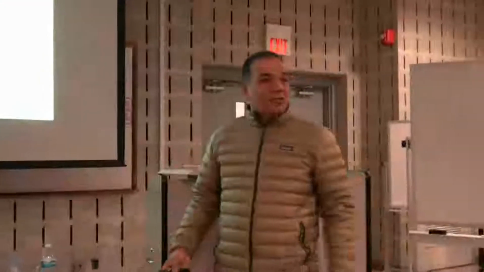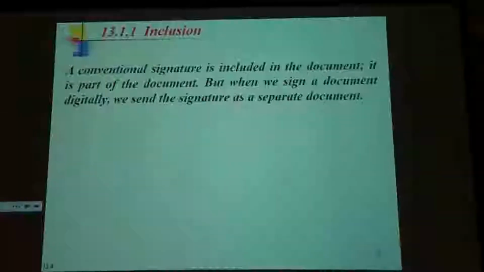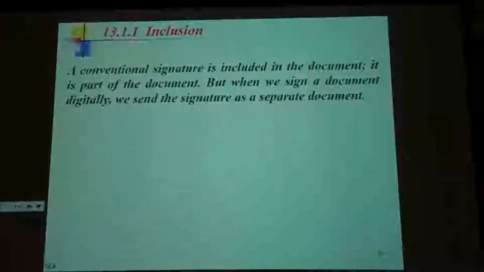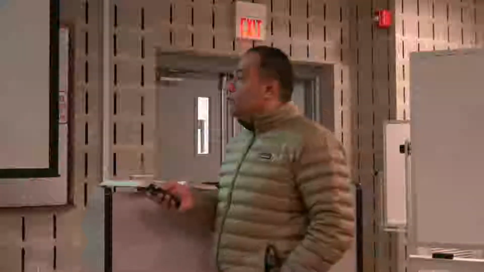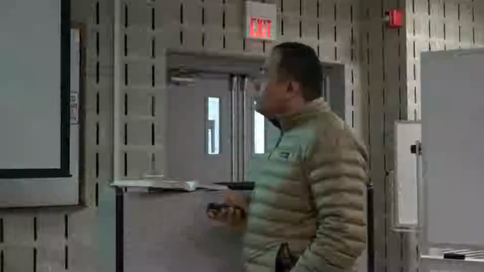You cannot have signature and document separated. But when we sign a document digitally, we send the signature as a separate document. So the document is sent differently than the signature. The signature is kind of a different document, right?